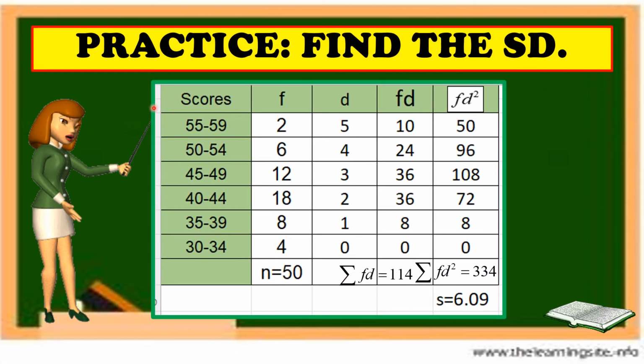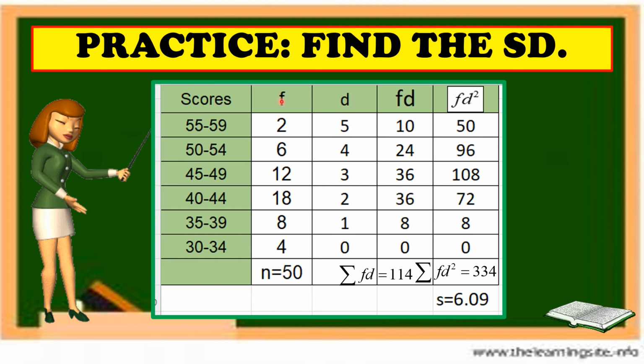Find the SD. So look at our solution. First, we find the deviation. So we have 0, 1, 2, 3, 4, and 5. Then we will find FD. How do we find FD?